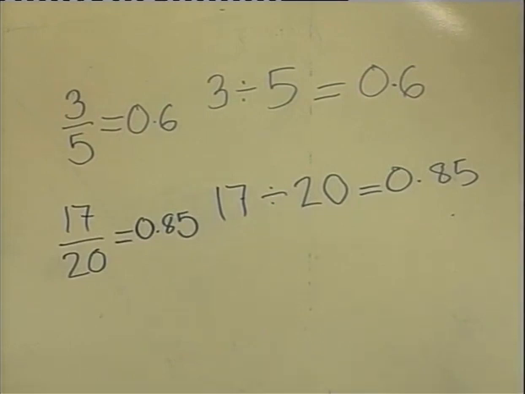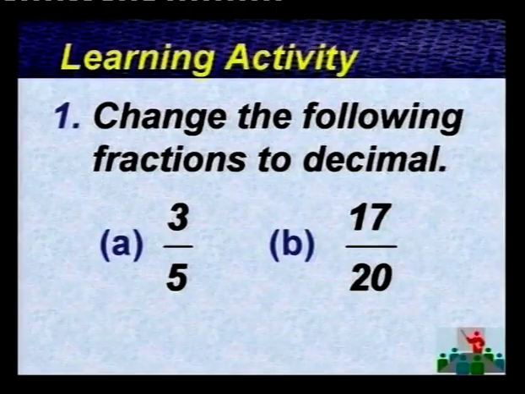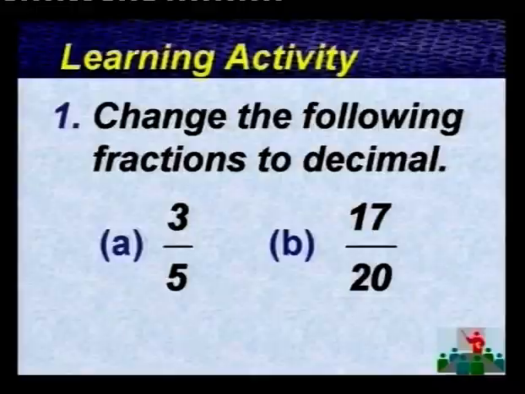Okay, Diane, sorry. Can you explain how you got your answer? The question says, change the following fractions to decimals. Letter A is 3/5. If you want to change the fraction to decimal, you have to divide the numerator by the denominator.